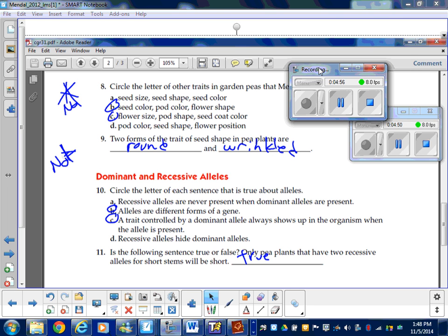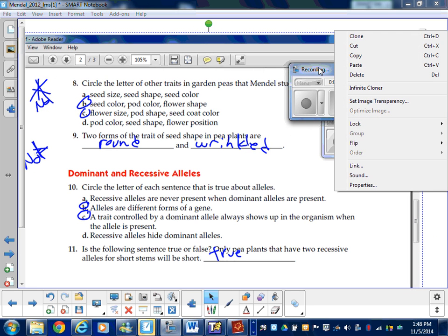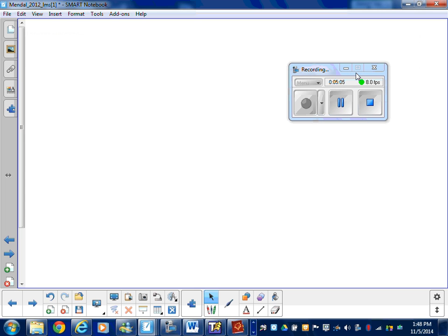You know what? We're going to talk about that a little bit next week in terms of what the letters would be. So don't worry about that for right now. But basically, the short answer is the letters always go with the dominant trait. So if round is dominant, then the letters would be big R and little r. But we are going to talk about that more next week. Okay.